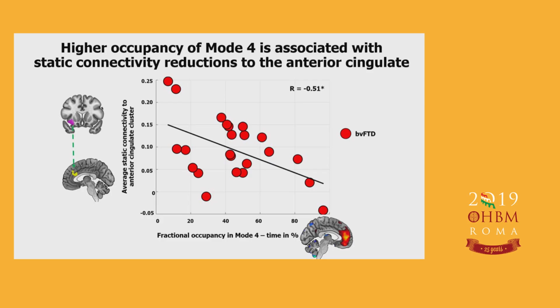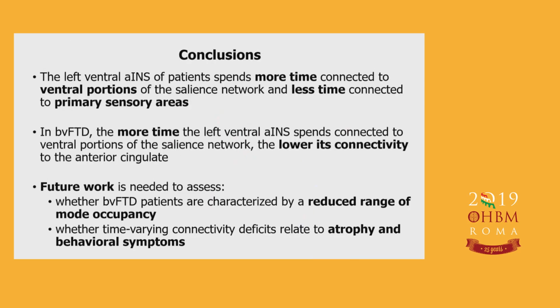And as you can see here, the negative correlation suggests that the more the patient spent in this mode 4, the lower actually the connectivity between the insula and the anterior cingulate cortex. So the more the left ventral insula spends connected to this mode, the more functional impairments you can find in the patients.